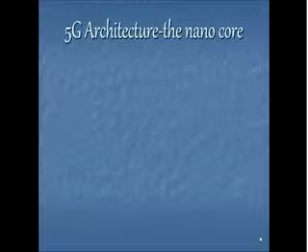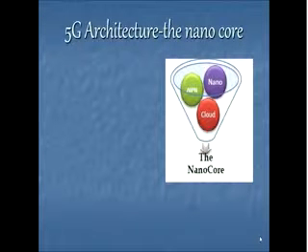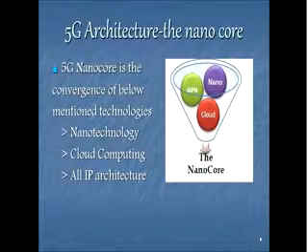5G architecture: nanocore. What is this nanocore? Sophisticated technology has enabled an age of globalization. Technological convergence is the tendency for different technological systems to evolve towards performing similar tasks.